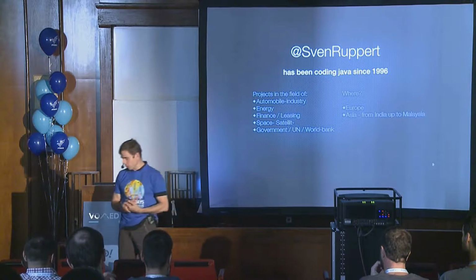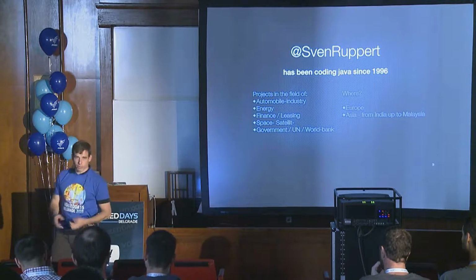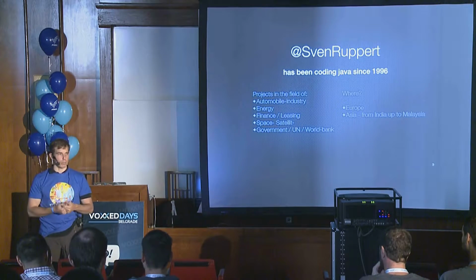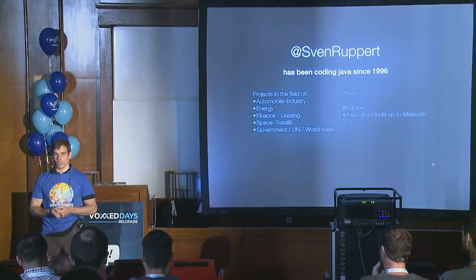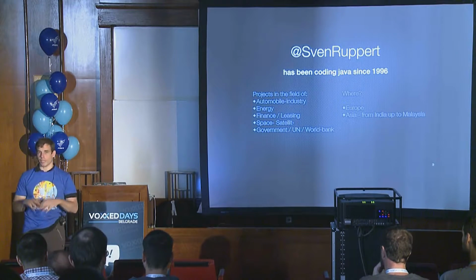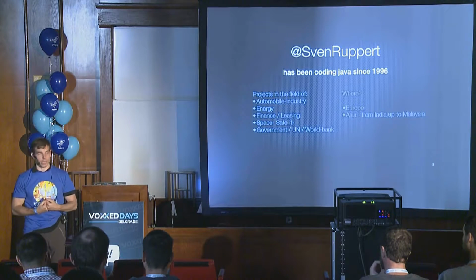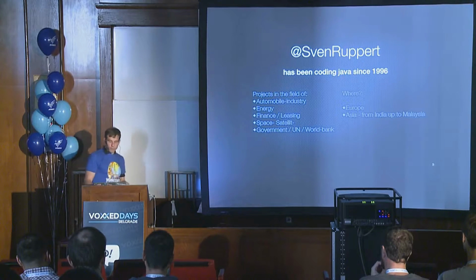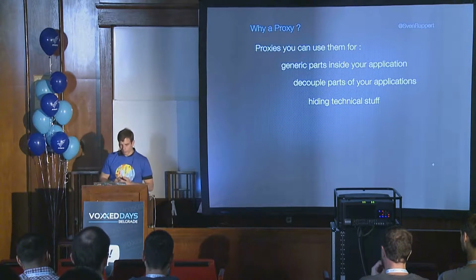And then there was one project, hundreds of thousands of lines of code, and you could replace it with one proxy. So after this, we threw away a few lines of code, and then the IDE was working again quite fast. So this is why proxies are, from my point of view, very important.